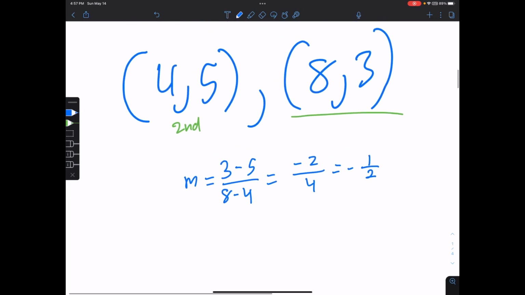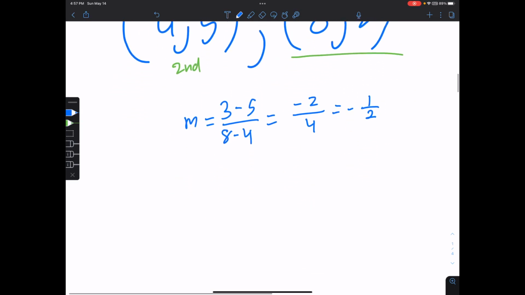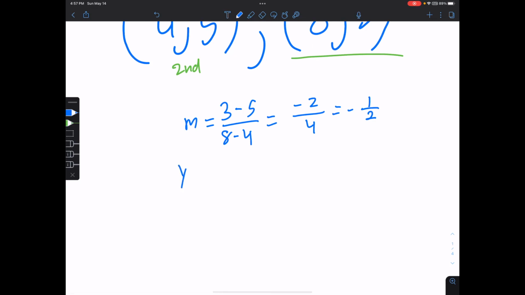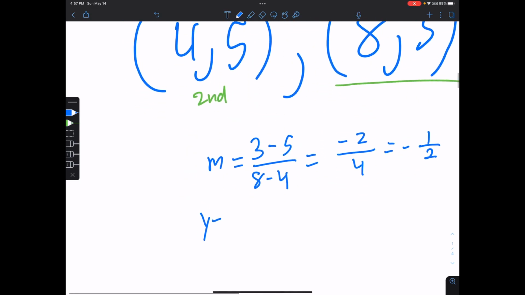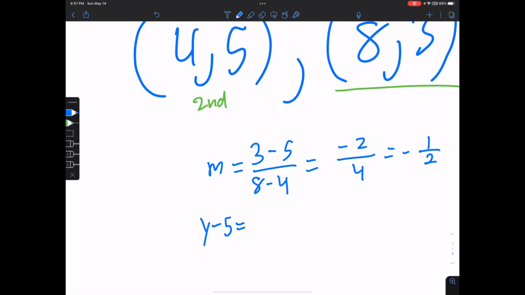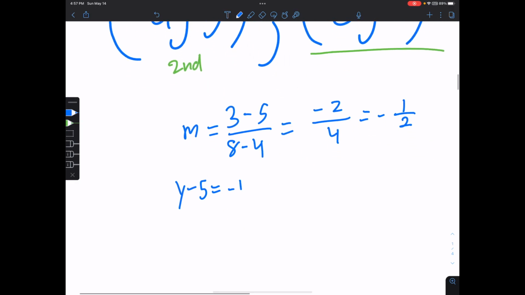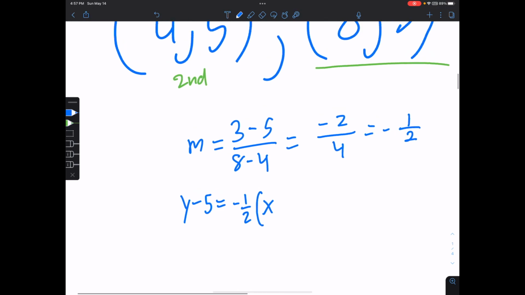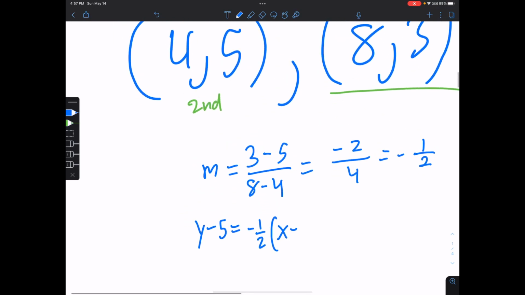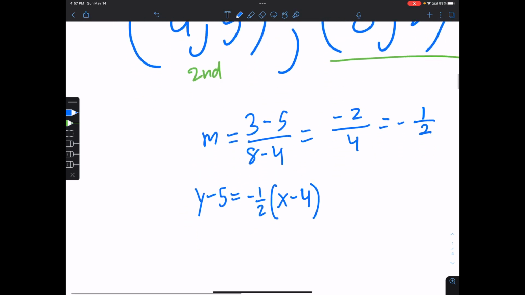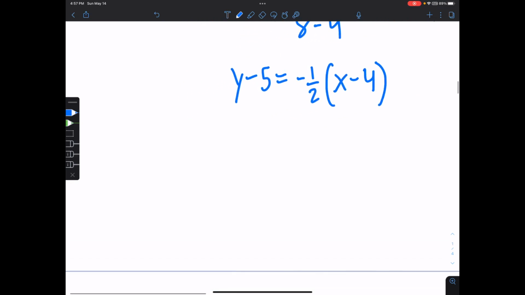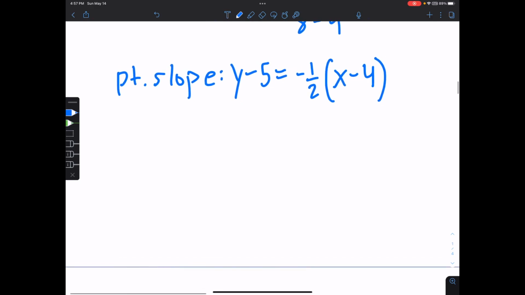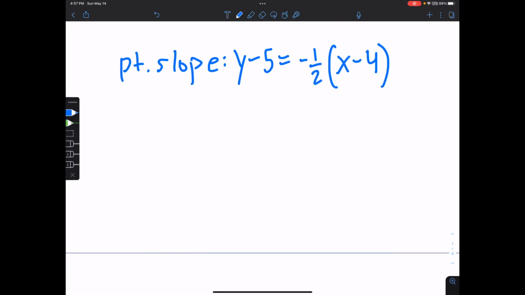Now we can use our point. Let's use our second point. So y minus our y, which is 5, is equal to our slope, which is negative 1/2, times x minus our x, which is 4. Now this is our point slope form.